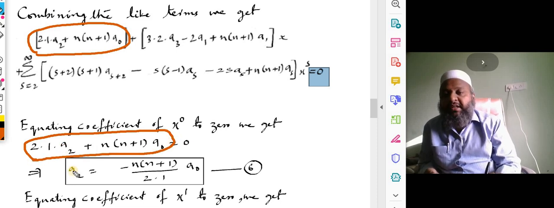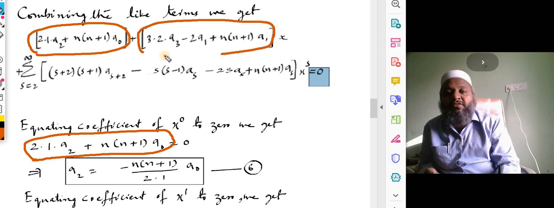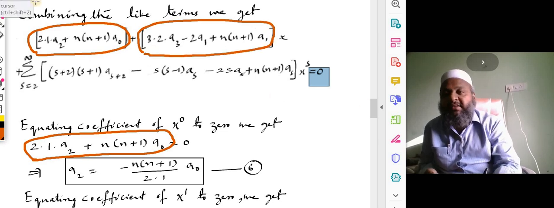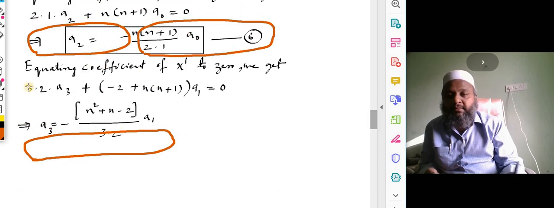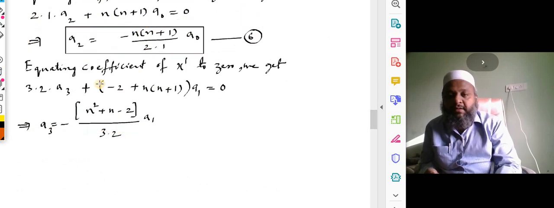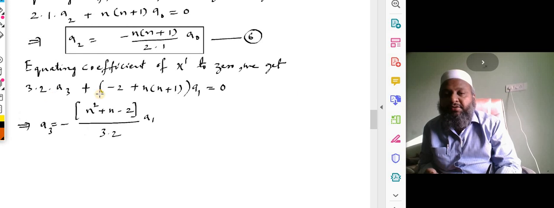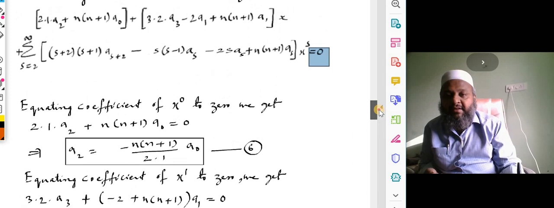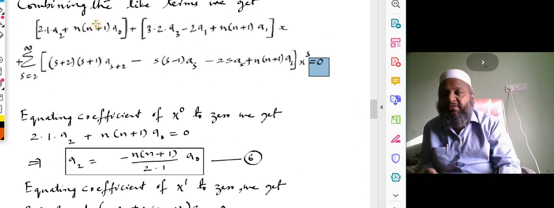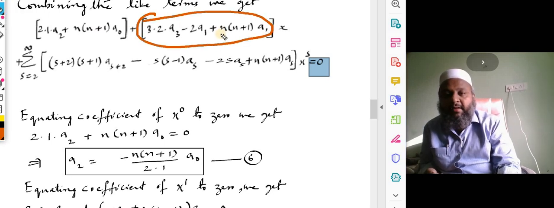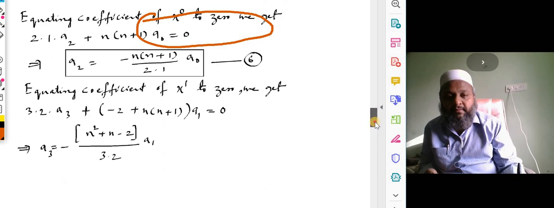Equating this to 0, a2 value will become equal to minus of, this goes that side, n into n plus 1 by 2 into 1 a naught. Similarly, if we make this equal to 0, the coefficient of x, we will get this one. A3, 3 into 2 into, you can check it here.